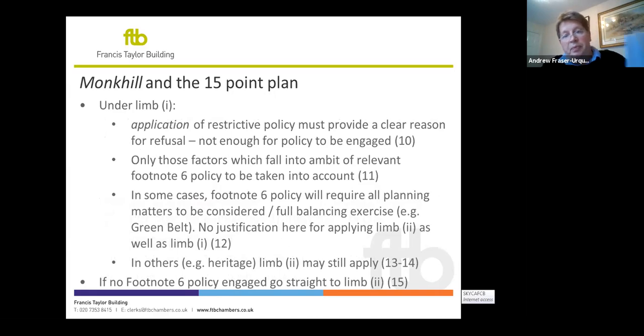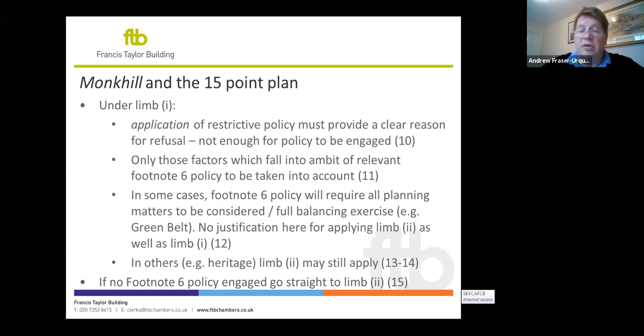And then the way in which Limb 1 works in detail is that the application of the restrictive policy must provide a clear reason for refusal. So it's not a question of simply saying, aha, this is a heritage asset, therefore there are footnote 6 policies in play, that's enough for refusal. You've actually got to work through the footnote 6 policy.